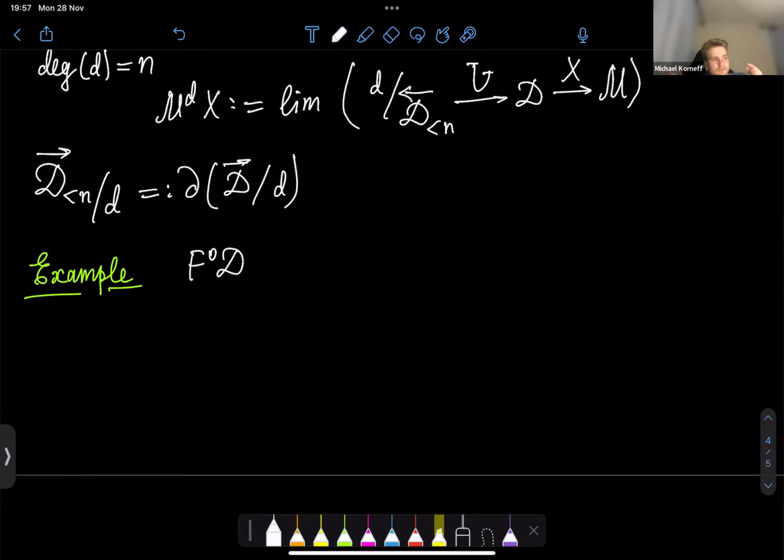We know that in this subcategory we have only identity morphisms, and no non-identity morphisms. It is a discrete category.